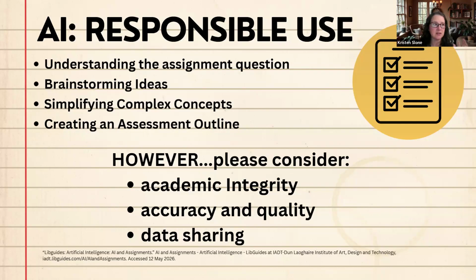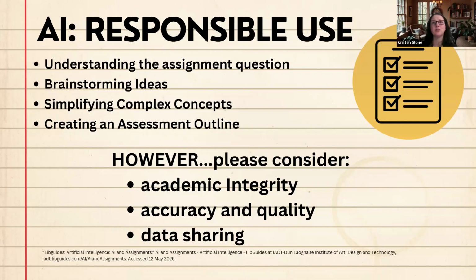Another thing, and this is something that I'm teaching my younger students, is accuracy and quality, okay? Things that AI generates are not always accurate because it is merely a reflection of a bunch of information it receives, okay? So if it receives inaccurate information, it may spit out inaccurate information. I know I'm really simplifying how AI works, but that's just an important consideration.